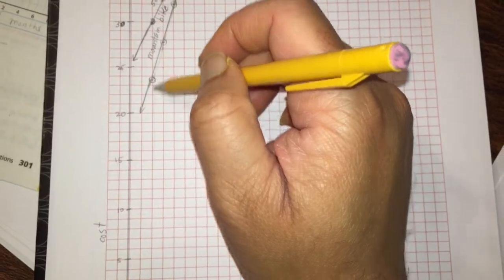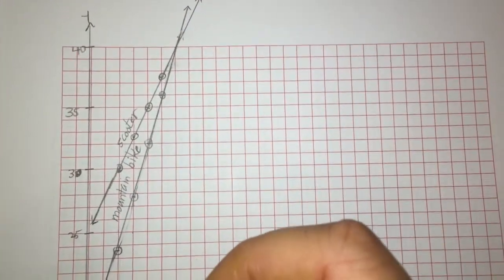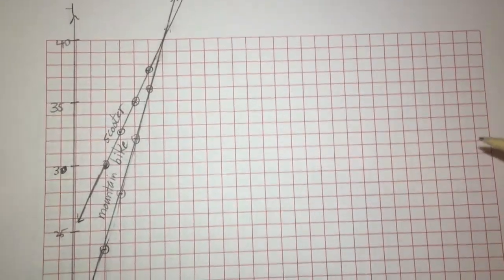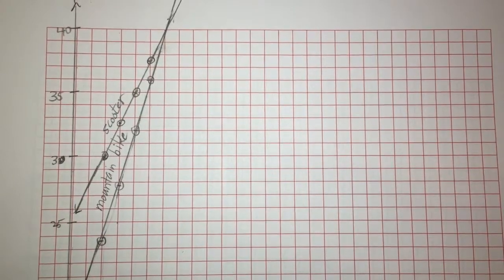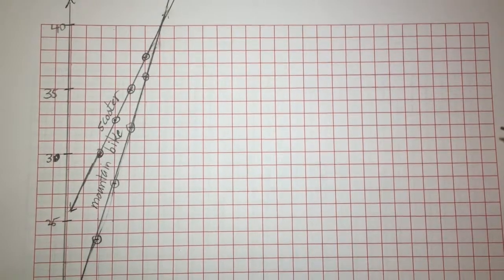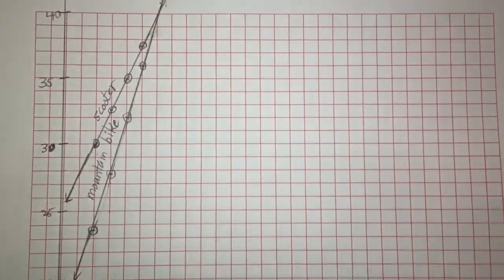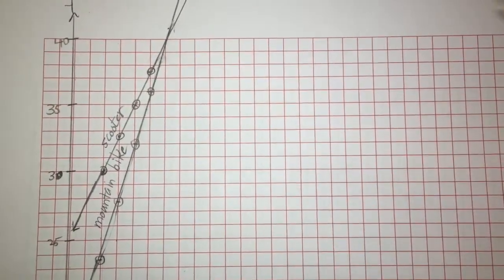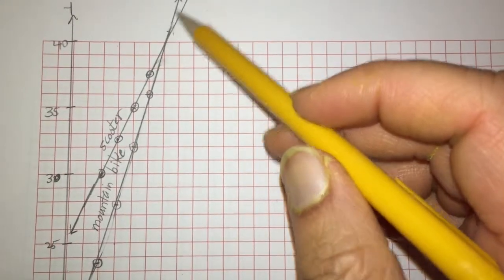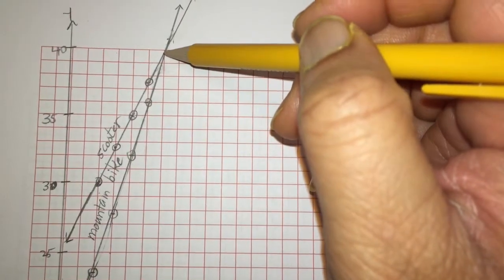Okay, 23.5. And you plot all the values of x and y for mountain bike, you will get this line here. And similarly, using table 2, which is the table for scooter, you can plot the values of x and y in the same graph sheet, and you will get this line here. If you pay attention, you can see that there is a point where these lines intersect.